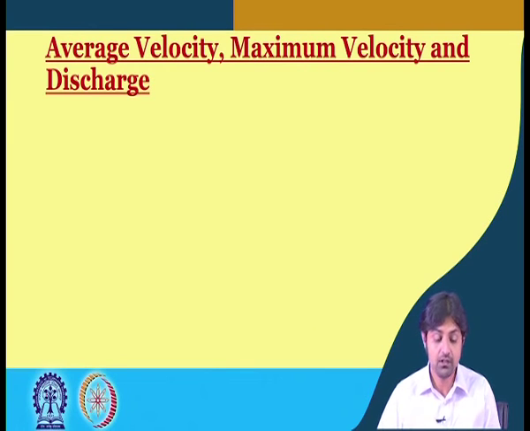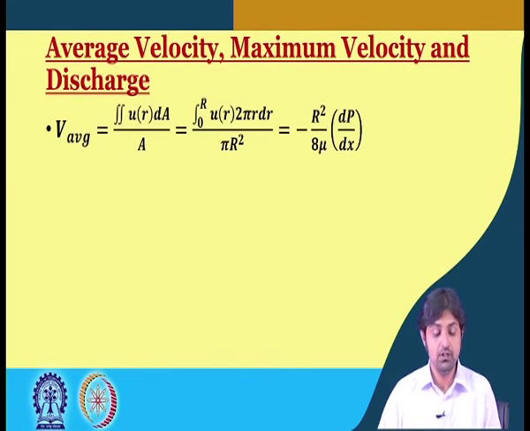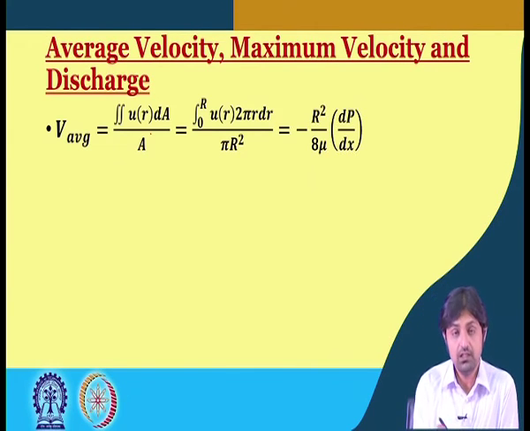Now what will be the average velocity, maximum velocity, and the discharge in this type of flow? The average velocity will be the integration of velocity over a small area divided by the entire area. This is the definition of average velocity.